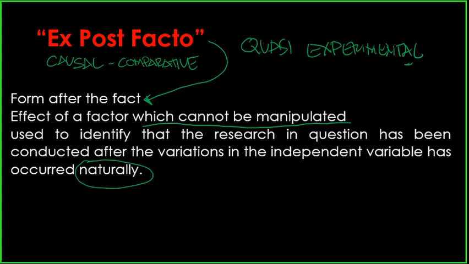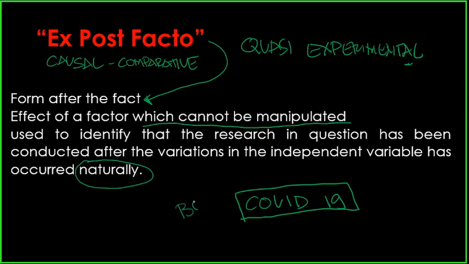Siguro ang pinakamagandang example nito, kunyari, magre-research ka ng ano ba yung effect ng COVID-19. Di ba? Effect ng COVID-19 sa mga businesses natin. Di ba? So, itong variable na to, kaya nyo bang i-manipulate? Hindi. Pero, gusto natin tignan yung effect niya before and after.